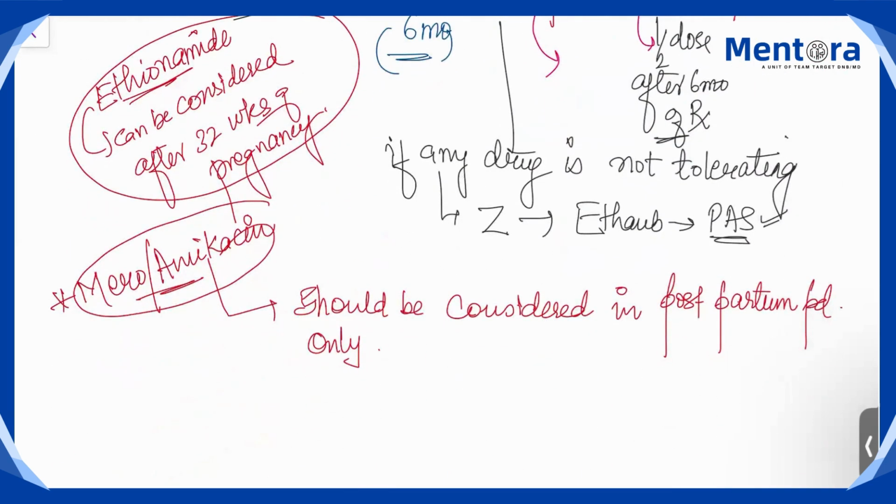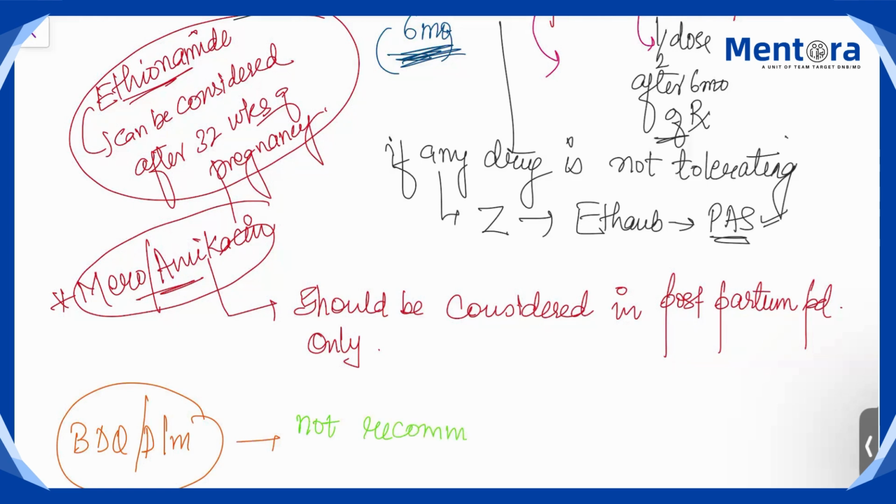Okay. And bedaquiline you are giving for first 6 months. This bedaquiline and delamanid also, this you cannot give, and this is not recommended during lactating period unless the mother is willing to replace your breastfeeding with formula feed.